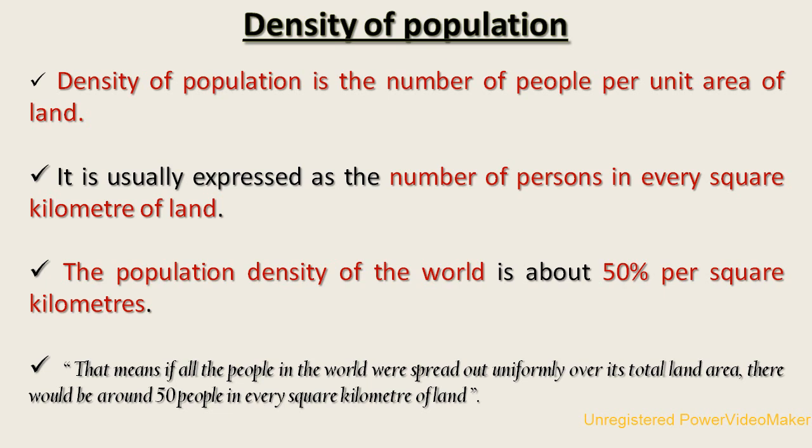Worldwide, if all the people in the world were spread out uniformly over its total land area, there would be around 50 people in every square kilometer of land. I think now you are clear about this particular term, density of population. So let's go to the next topic.